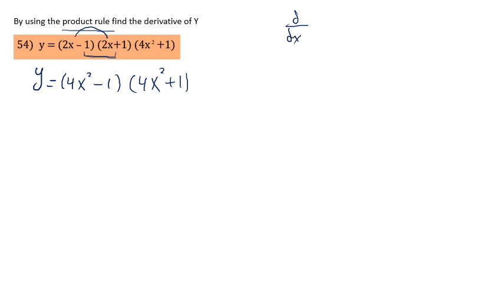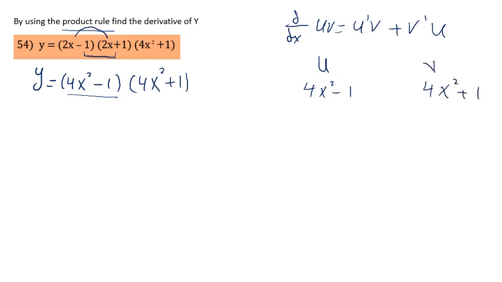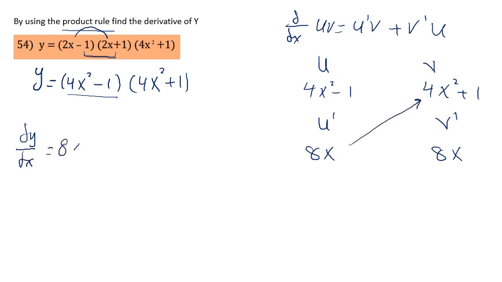d by dx for uv is equal to u dash v plus v dash u. We assume that u is the first function, which is 4x squared minus 1, and v is the second one. So u dash is 8x and v dash is 8x. So dy by dx is equal to 8x multiply 4x squared plus 1, plus 8x multiply 4x squared minus 1.